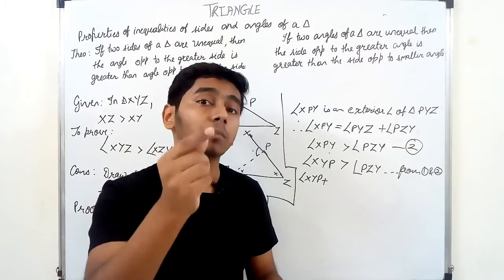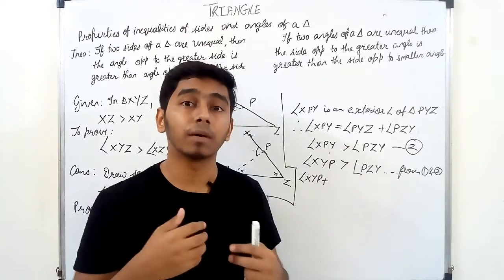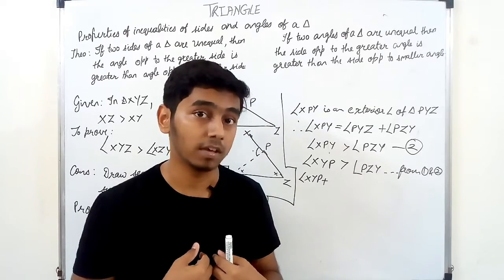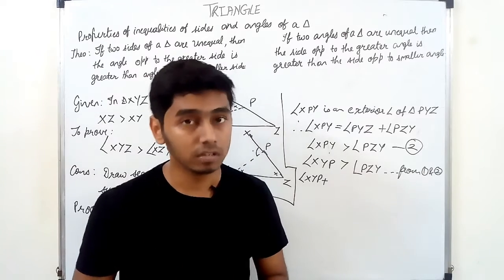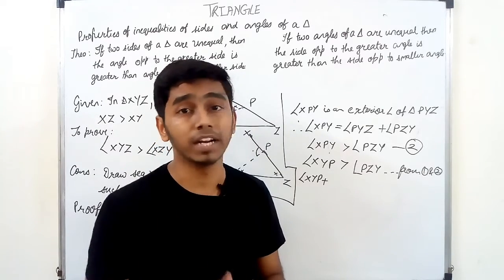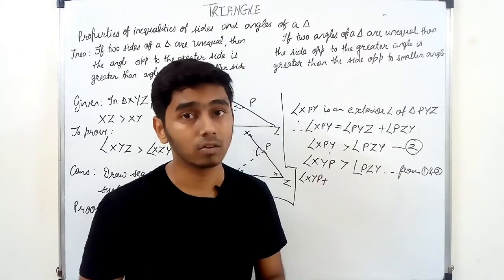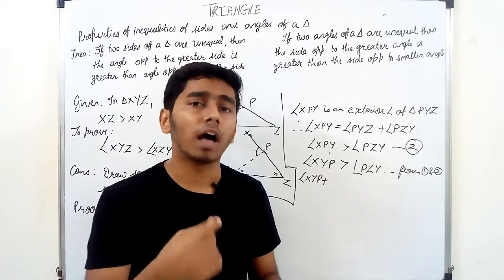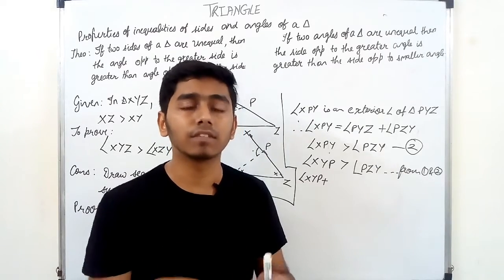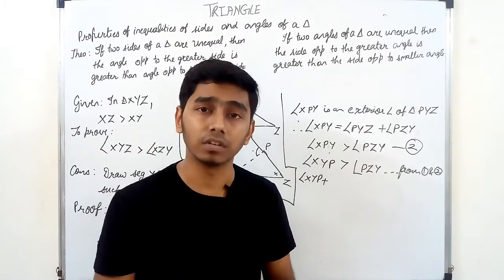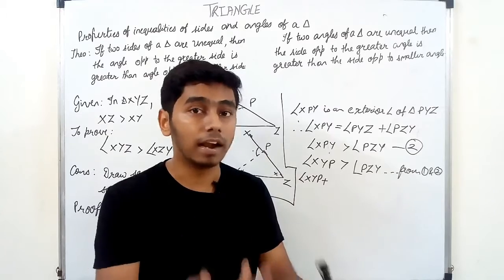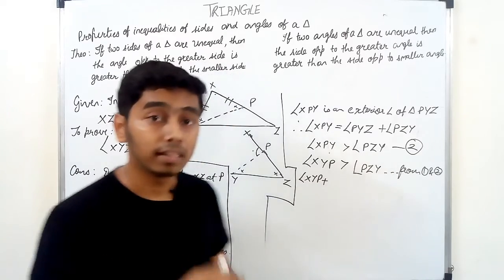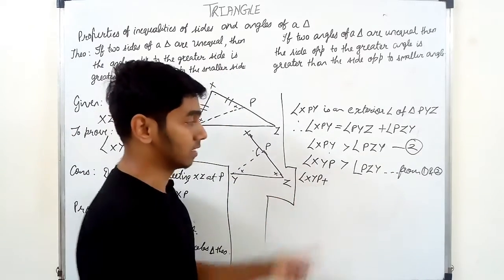If I add one more year to my age, I'll become 22, and you are still 18 or 17. So if I add years to my age, I'll still be elder than you. Yes or no?